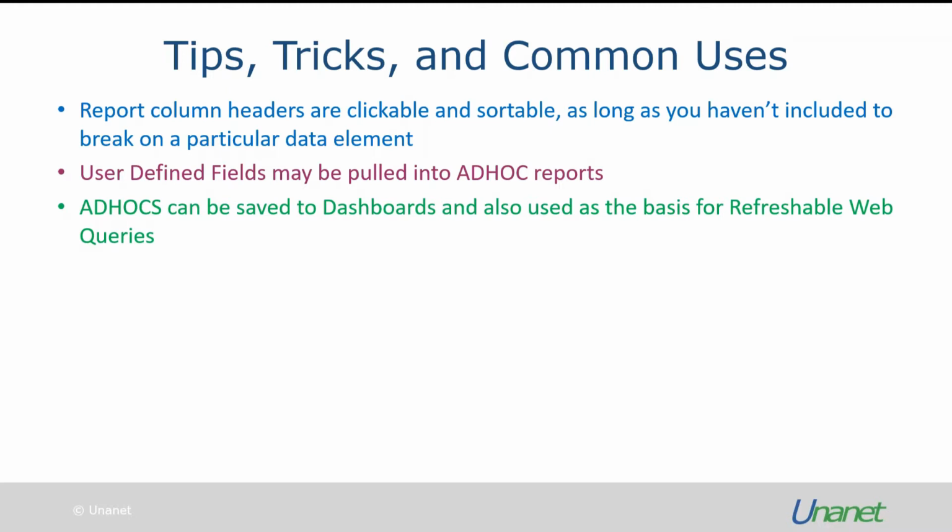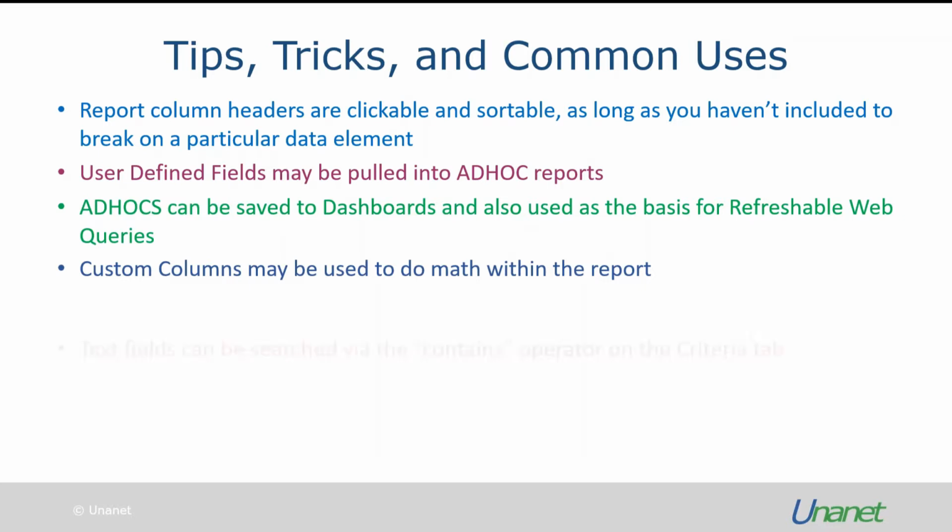Ad hocs can be saved to the dashboard, so we talked about that, but because we also have that capability of saving them and running them and getting that little number on the end of the URL, that means we can also use them as a basis for a refreshable web query as well. So if any of you have been playing around with refreshable web queries, then you could also pull in an ad hoc into that. We talked about the ability to create those custom columns, and so you can do math right within the report to get you what you want.